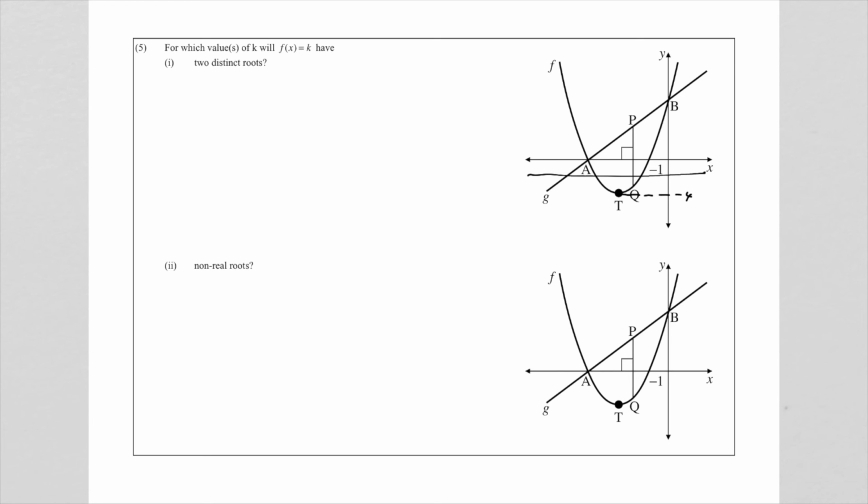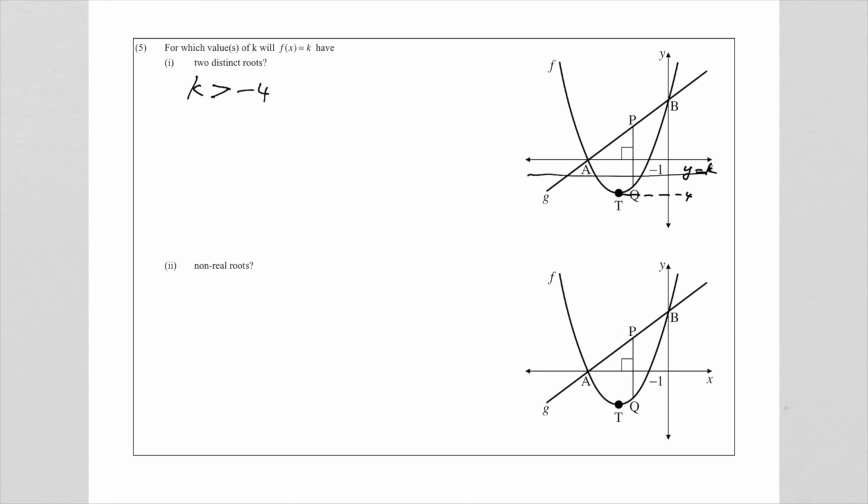So we must draw this horizontal line, and this line is y equal to k. We must draw it above the turning point. Our answer for this one is, therefore, k greater than -4.